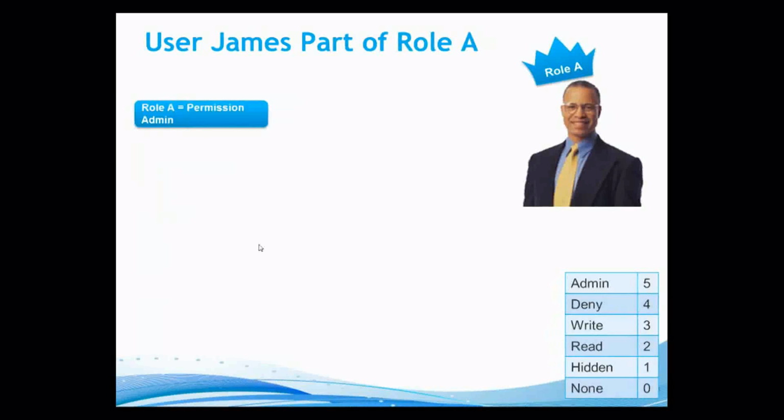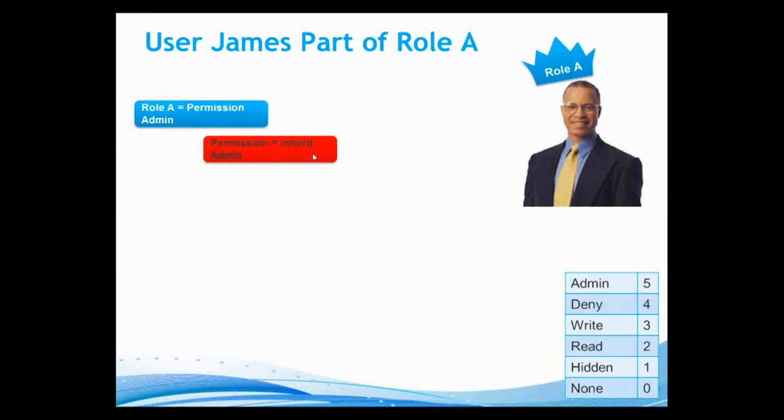So let's say that James is part of role A. Now you see here on the bottom right pane the levels of the permissions. So he's part of role A, and his permission is admin. Now look at these things as folders, where one folder is inside the other.